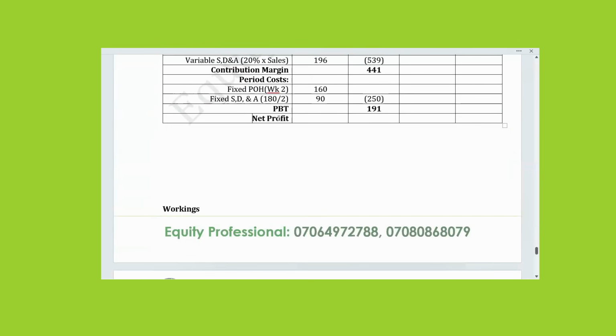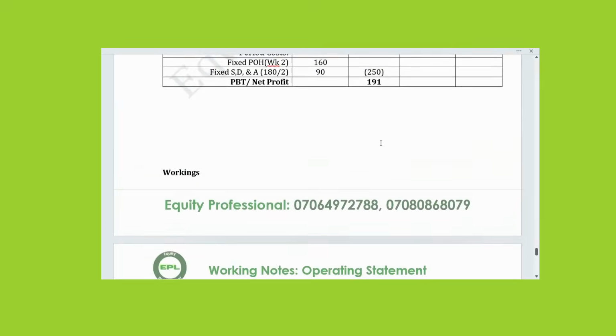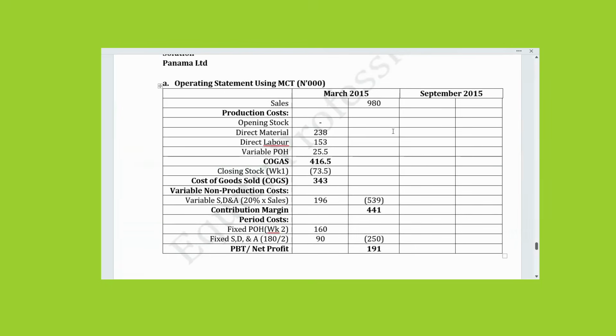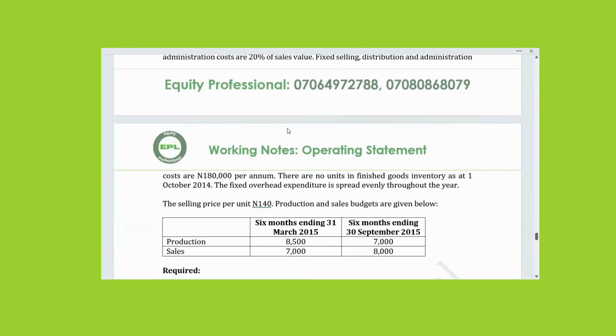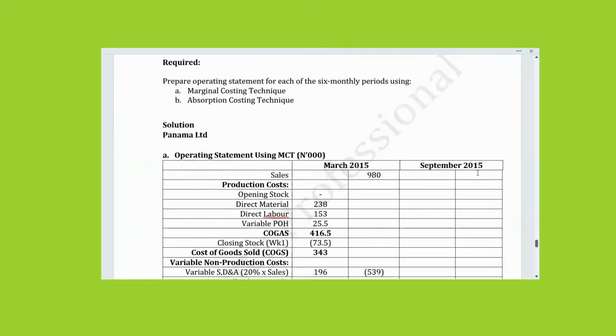That means our net profit and profit before tax will be the same thing. That's it. So let's do for September. In September, how many units were sold? The company sold 8,000 units. Therefore, 8,000 multiplied by 140 naira. What do you have? Isn't it?